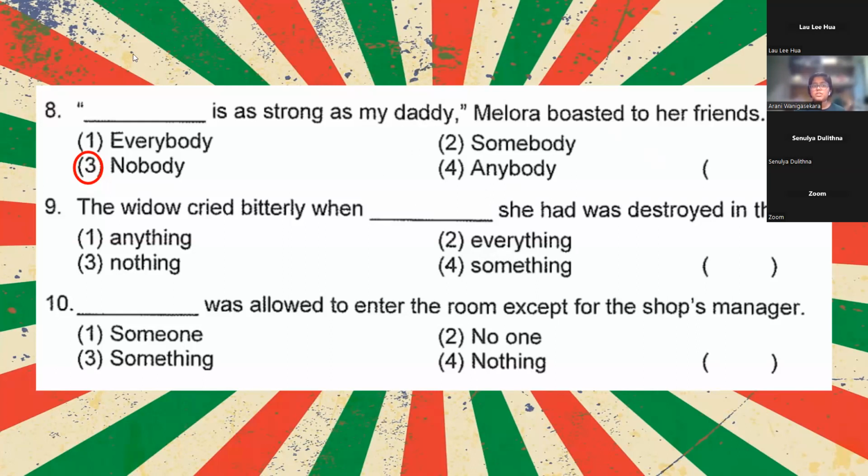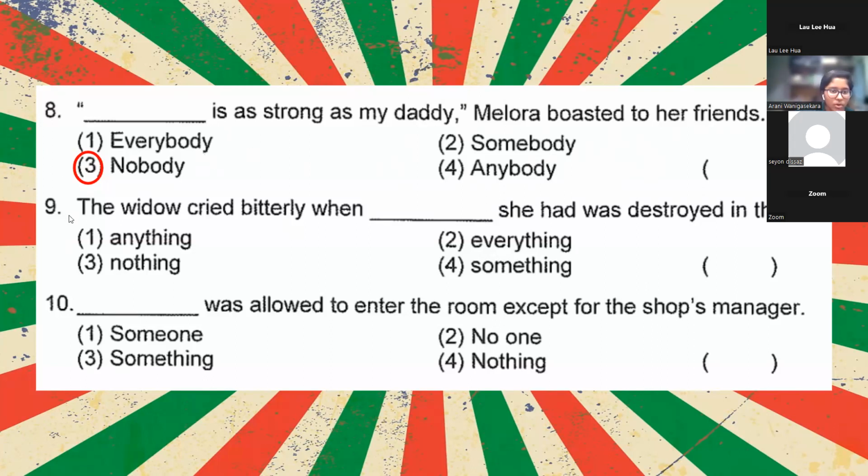Again, if someone was as strong as her dad, Melora wouldn't be boasting, yeah? And why is it not anybody? Because it's the same reason. Good. So the answer is nobody.